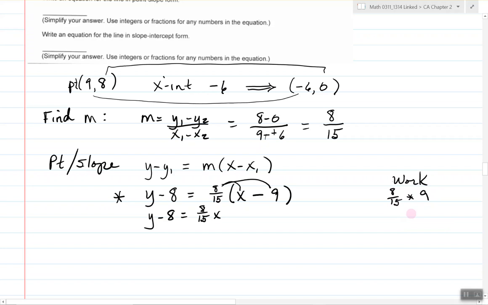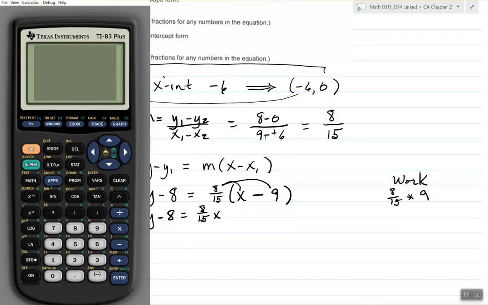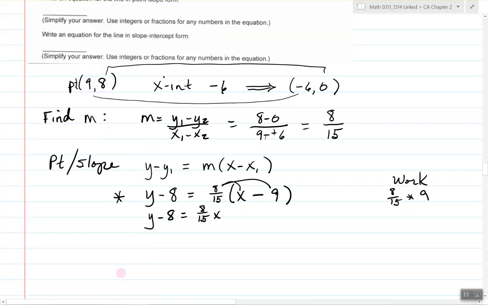So if you want to, you could go to your calculator and do 8 divided by 15 times 9. It's going to give you a decimal. Then you could do math, choose change to fraction, and it's 25/4. So I'll just do that. Minus 25/4.